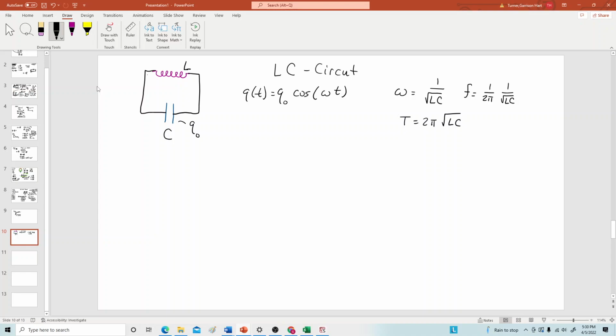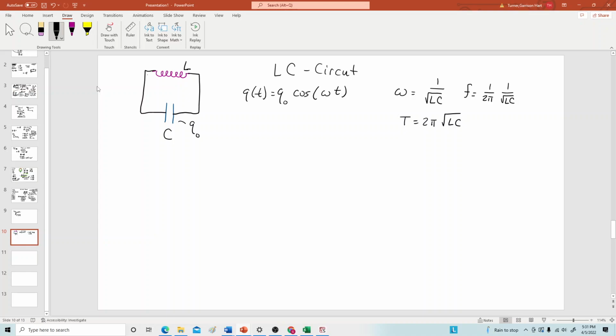And if you think about it, this should make sense. C is the capacitance, or the ability to store the charge, and L is the inductance. The inductance is the ratio of the flux through the inductor to the current through the inductor.